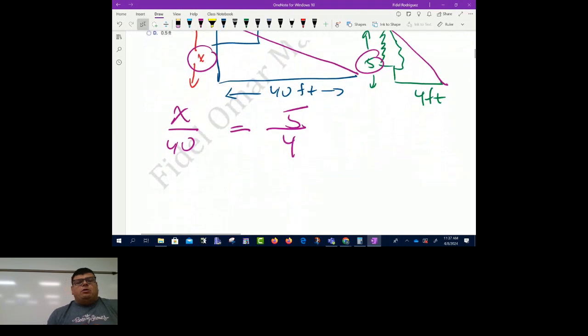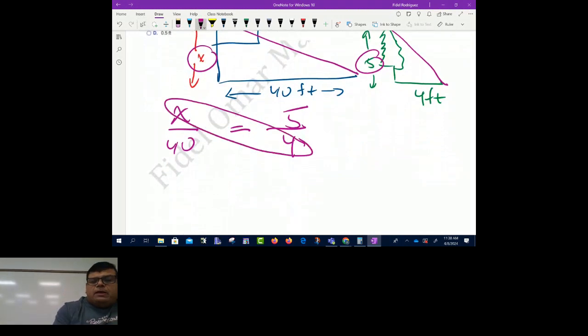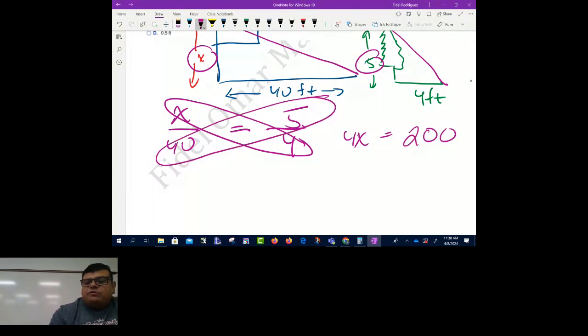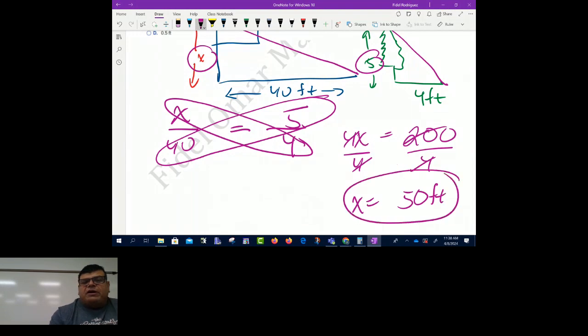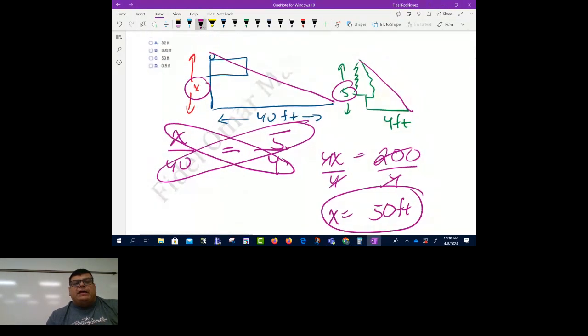And then again, we'll cross multiply. That's a 4x. 5 times 40 should be something like 200. So when we divide both sides by 4, coming up with 50, right? 50 feet. And if you notice, that's my choice C, right?